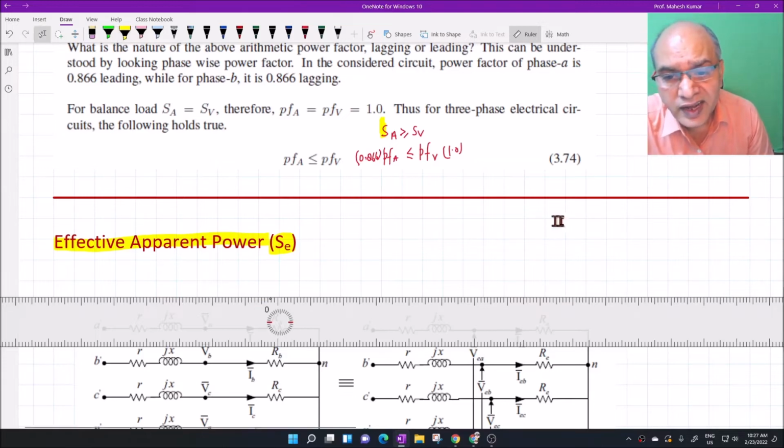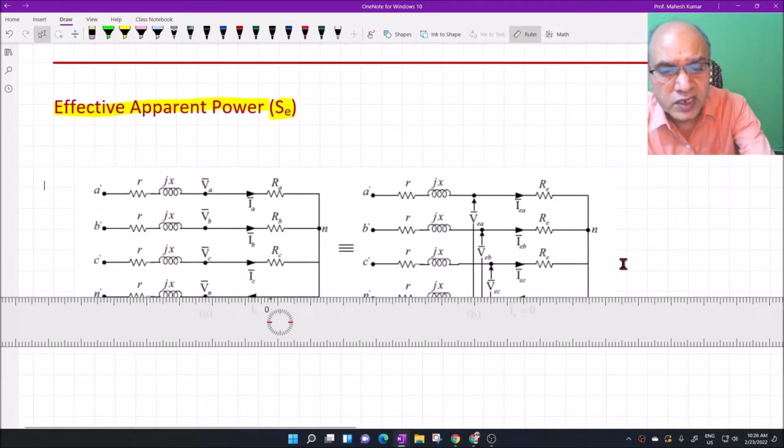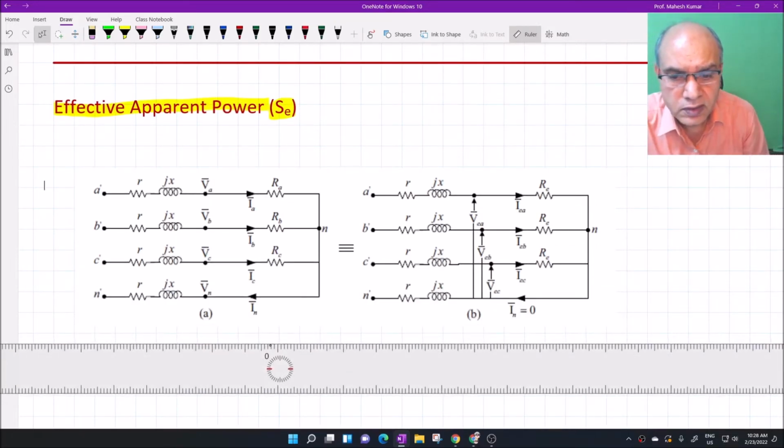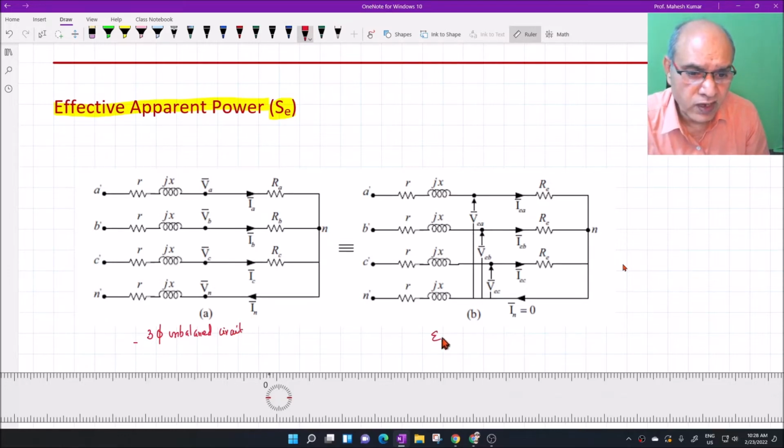Okay, the idea is very simple, that we will imagine that there are two circuits. The one circuit is the actual three-phase unbalanced circuit. So this is the three-phase unbalanced circuit. Okay, this is the equivalent three-phase balanced circuit.